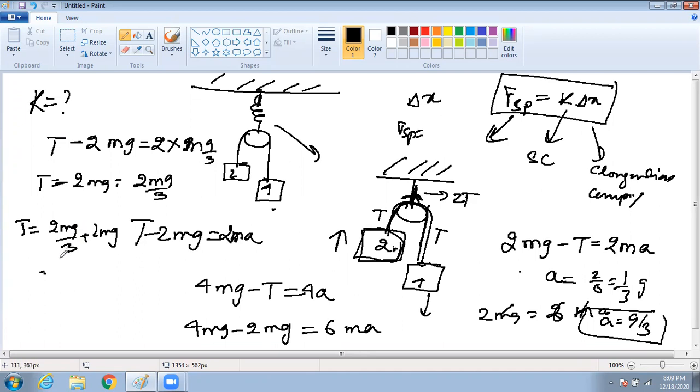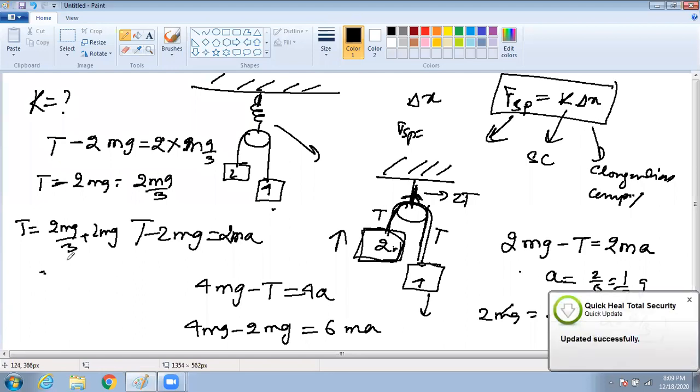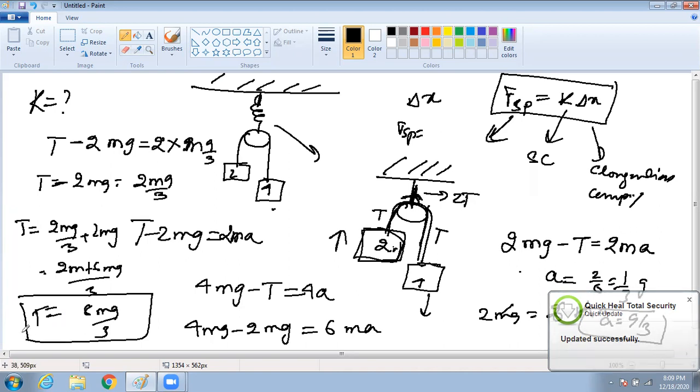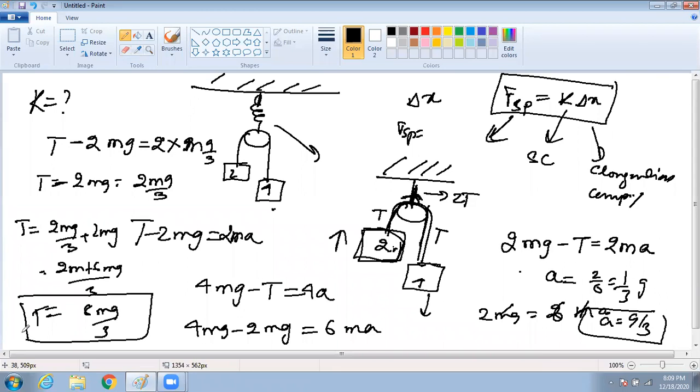Am I correct, guys? Yes, sir. Or did I make any mistake? No. So it will be 2mg plus 6mg by 3, so 8mg by 3. So T equals 8mg by 3.